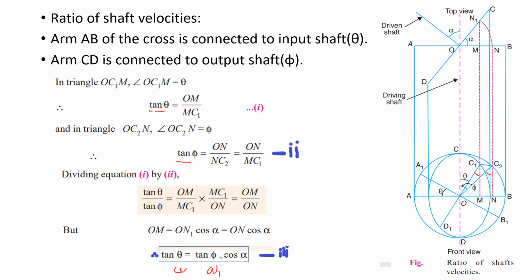Similarly phi will change, but alpha is the angle of inclination between the two axes, so cos alpha will remain constant. This is a constant factor. The angle of inclination of the shaft will remain constant, so cos alpha is constant. Now you take the derivative of both sides with respect to time. See what you get. Take the derivative.